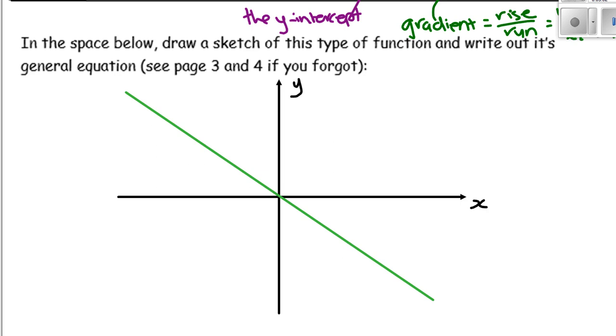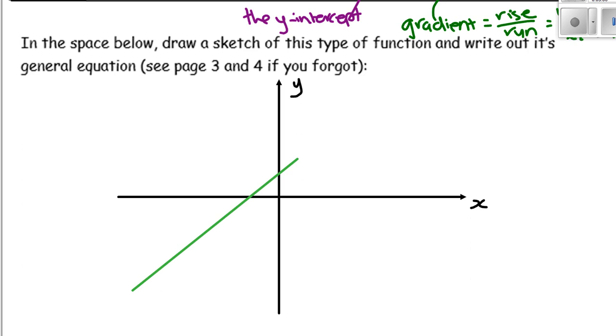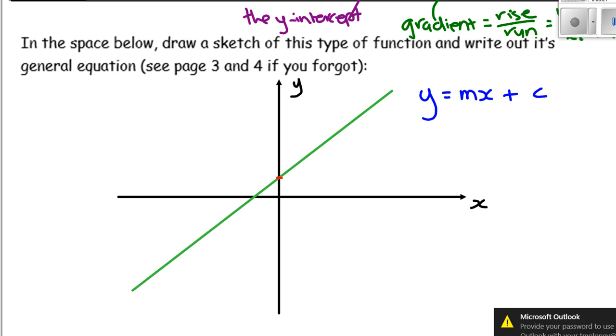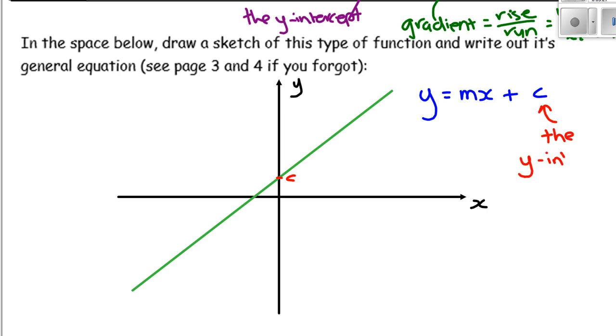Okay, so I'm going to do one like I did at the beginning. Our general equation is y equals mx plus c or mx plus b, whichever makes sense to you. Our c would be this point here, because it's the y-intercept, and our gradient is m.